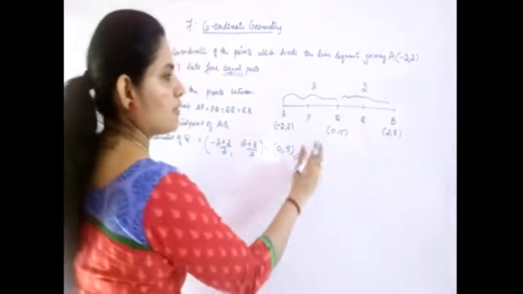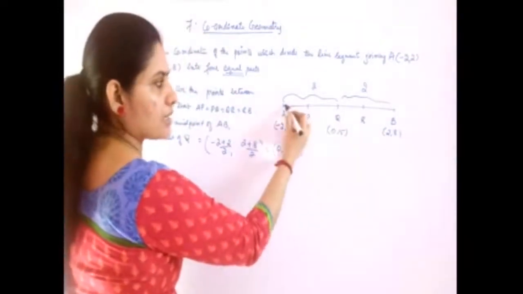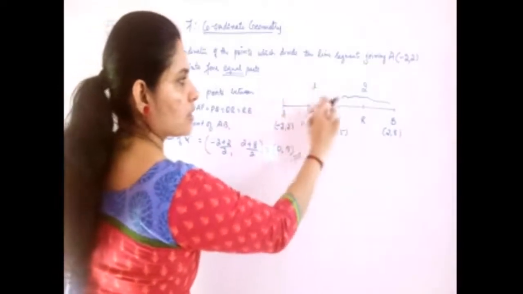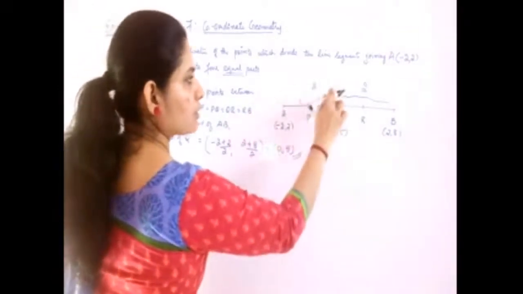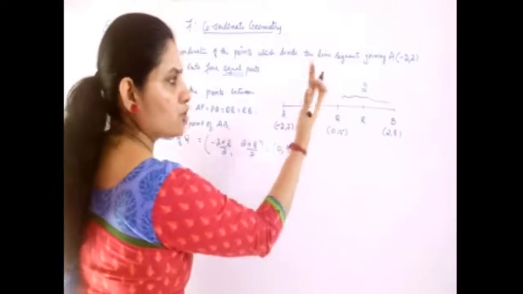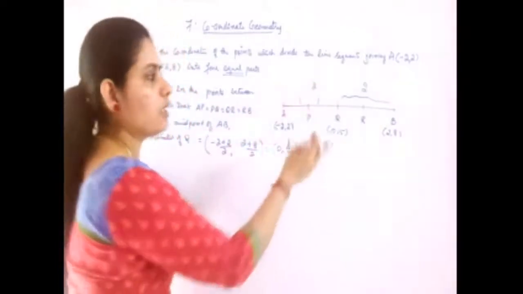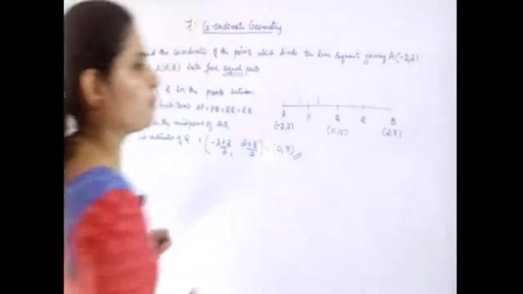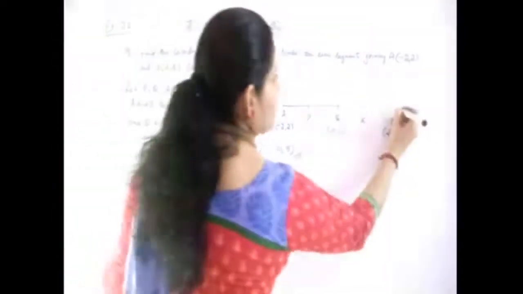Now from the figure itself it is clear that P is acting as the midpoint of the line segment AQ, because here the ratio will become 1:1, right? AQ is divided into 2 equal parts, so P is the midpoint of AQ.